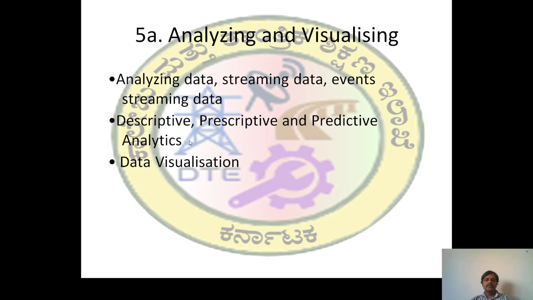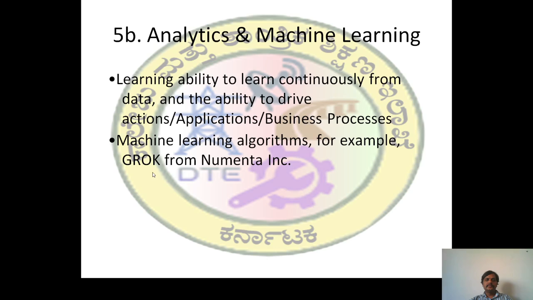We can perform data visualization, analytics, and machine learning, with the ability to learn continuously from data and the ability to drive actions, applications, and business processes. We can use machine learning algorithms, for example, Grok from Numenta Inc.